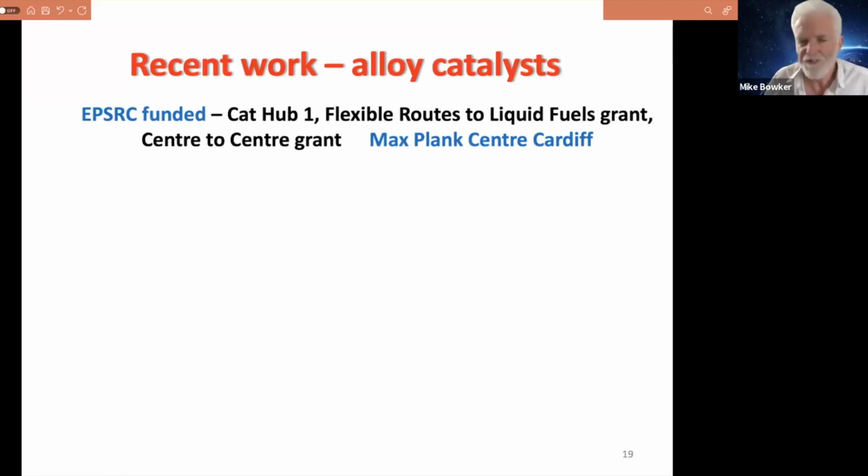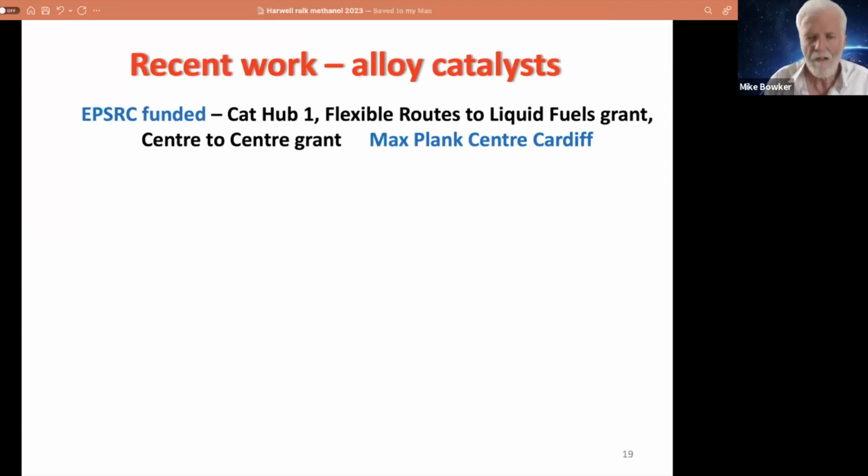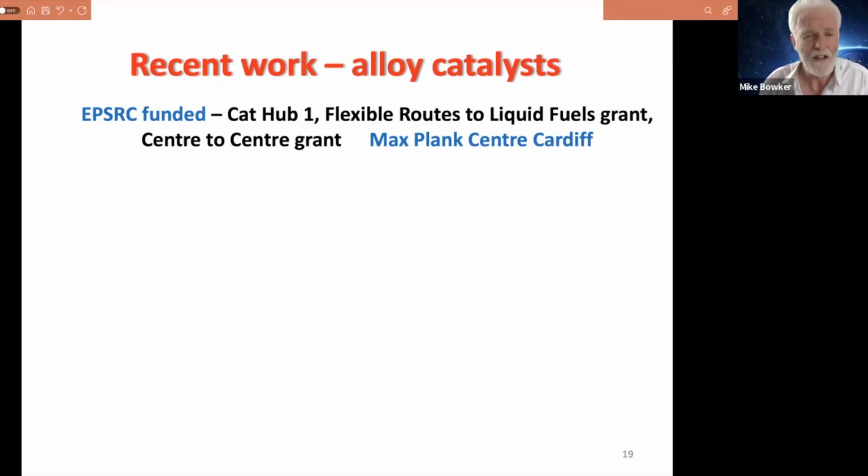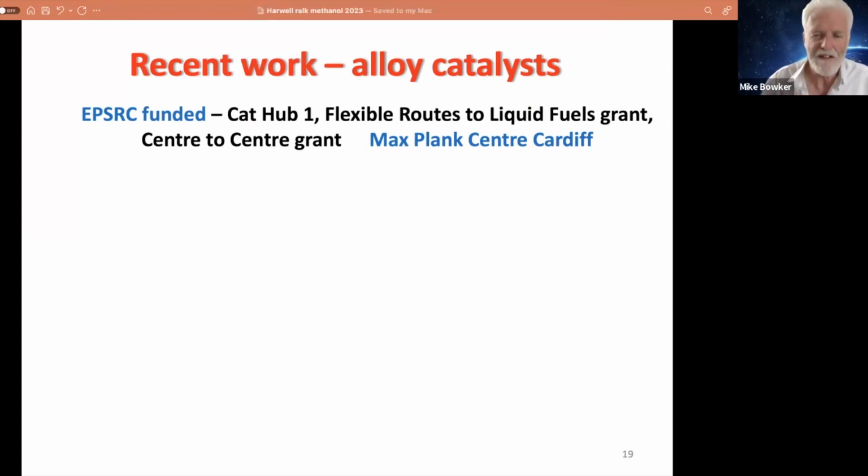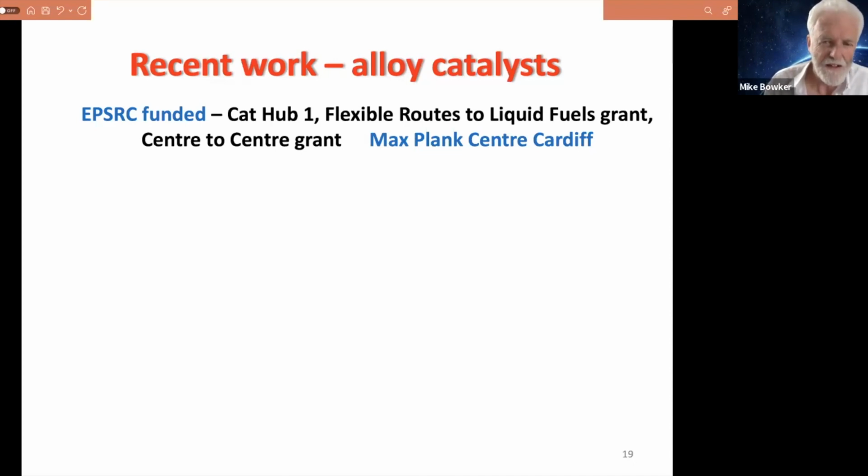So I'd like to move on to recent work and talk about what we're trying to do with alloy catalysts. And the reason we've embarked on alloy catalysis is that we put in some grant applications in that direction to see how alloying affects a variety of catalytic reactions. So at the beginnings of the Catalyst Hub, that funded some of the CO2 hydrogenation work.